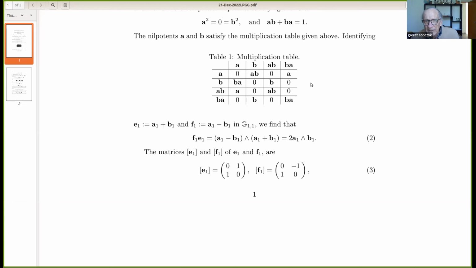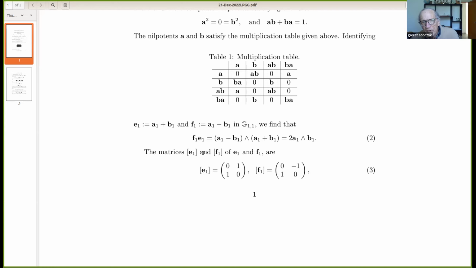Very simple calculations. But also notice that if we multiply E1 times F1 using these rules, we have A1 wedge B1 minus B1 wedge A1. So you get 2 A1 wedge B1.